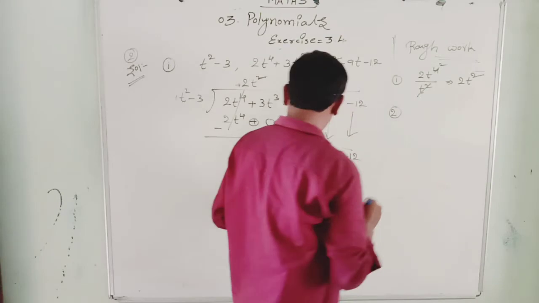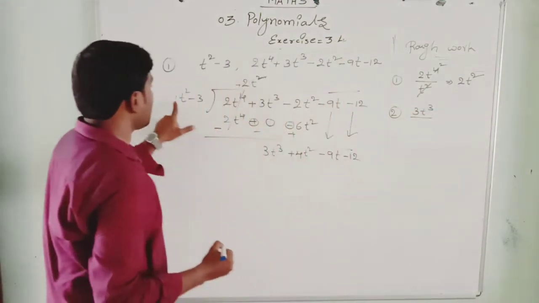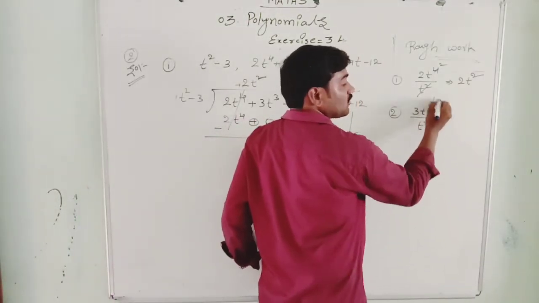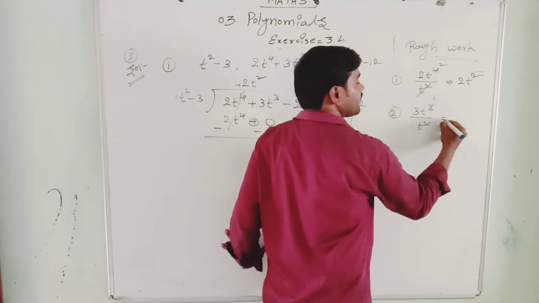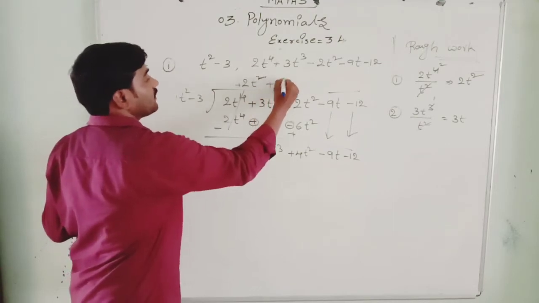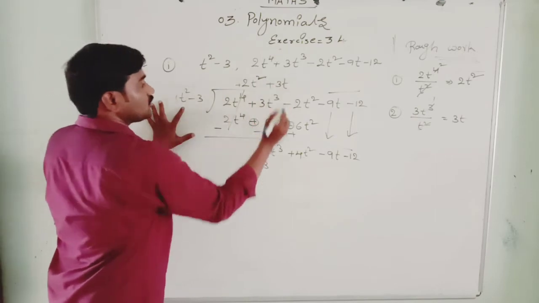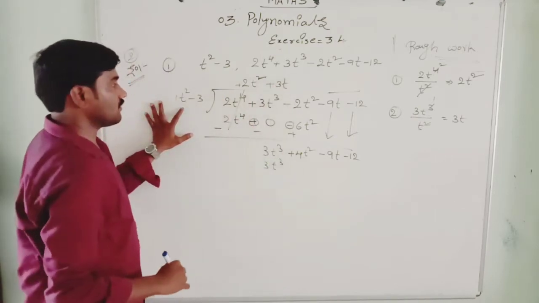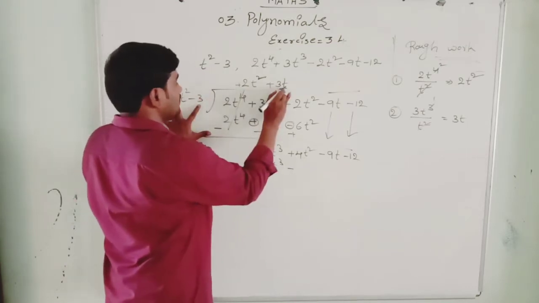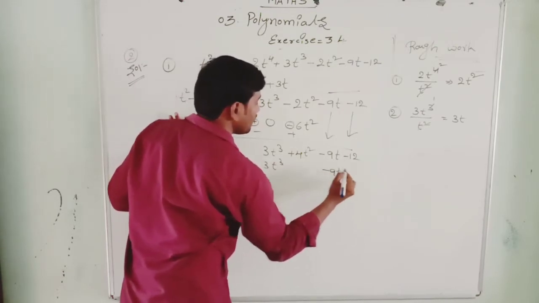The second step: 3t cube we have to divide by t square, which gives 3t, so plus 3t. Let us multiply. 3 into t square is 3t cube. Minus into plus, minus 3 times 3 is 9t. So minus 9t we got.